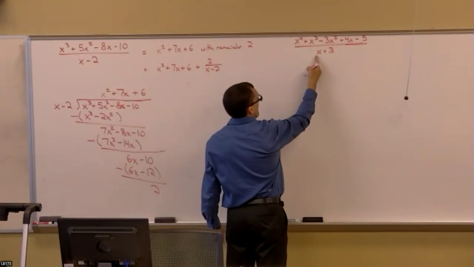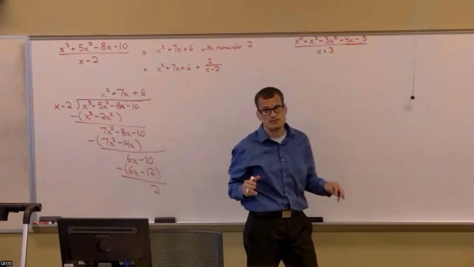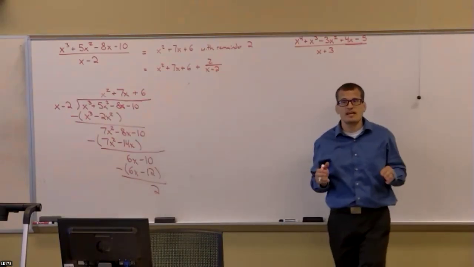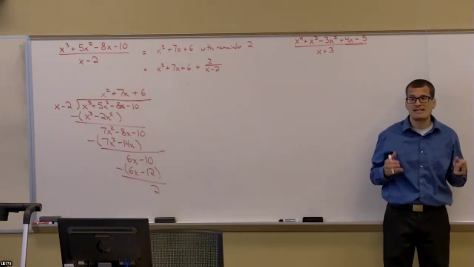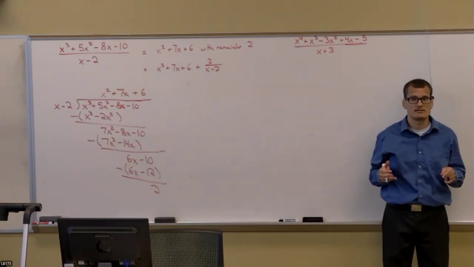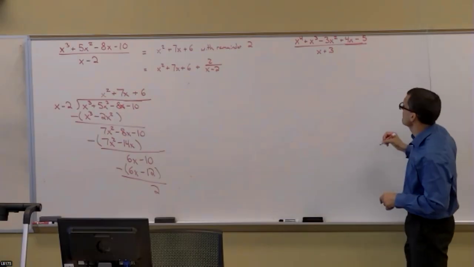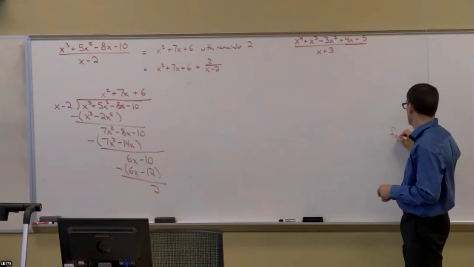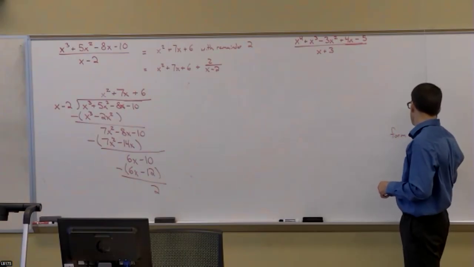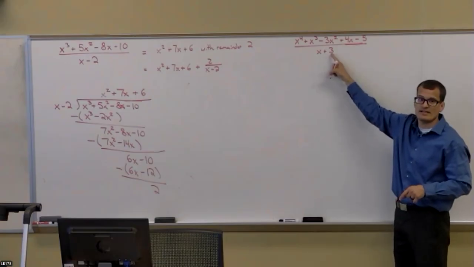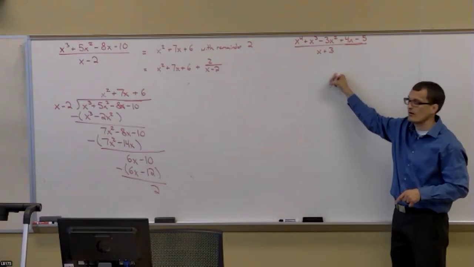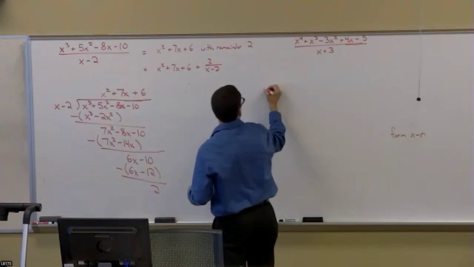So in this case, and this is one of the things you have to watch out for, notice how our denominator is x plus 3. That means our r is a negative 3. Does that make sense? It's always of the form x minus r. So if I have a plus here, that has to be a negative 3. That's my r. So r is negative 3.